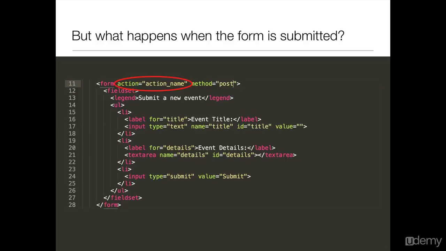So whether that's a call to a servlet in Java World, call to an action name in Ruby on Rails, or a call to a PHP script, for example, just simply depends on your choice of back-end technology. So you will need that.